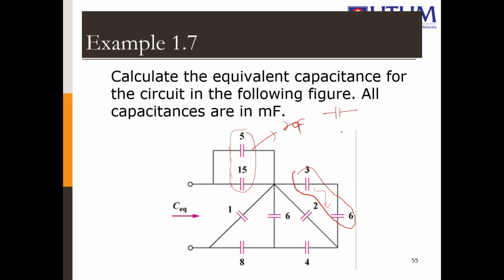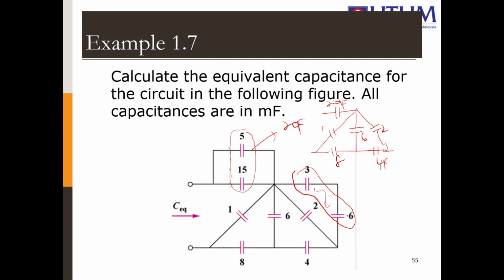You will need a few steps before you can solve the circuit. This one should have another one over there. For the next one, this will give you 4 farad down there, and this is it. This is 2, this is 6, and this is 1.